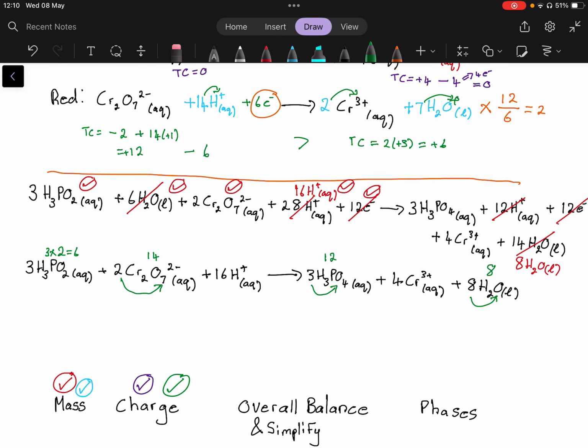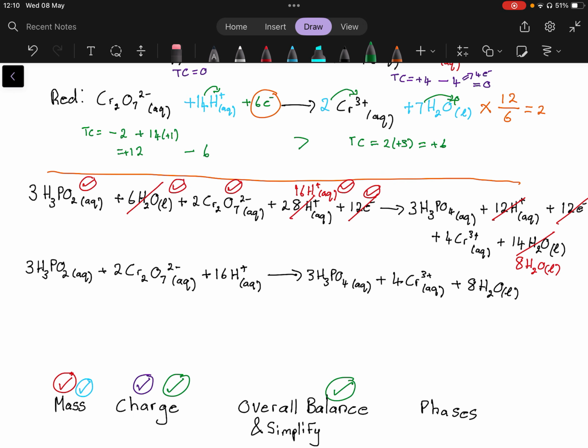So that's equal to 6. So 6 plus 14 is 20. 12 plus 8 is also 20. So all our oxygen balances. Apologies for that small mistake. Right, so we have overall balance and we have simplified the equation.